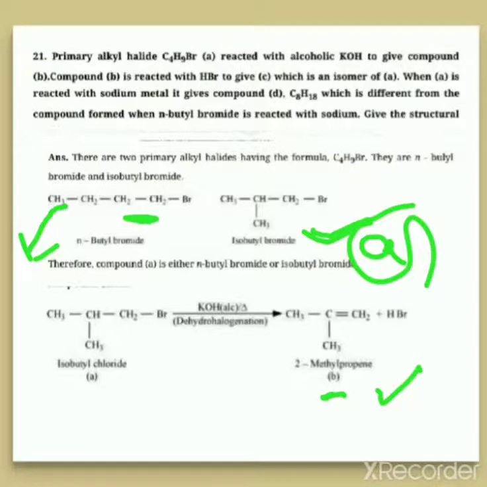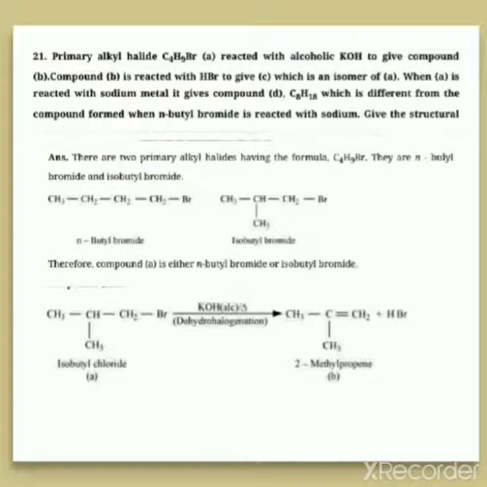Next, the condition given is that B is reacted with HBr to give C. That means this is B, and now it is reacted with HBr to give C. For the reaction of HBr, you have to apply the Markovnikov rule, because peroxide is not given.